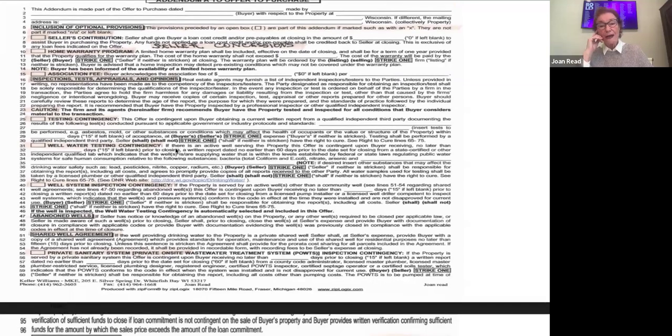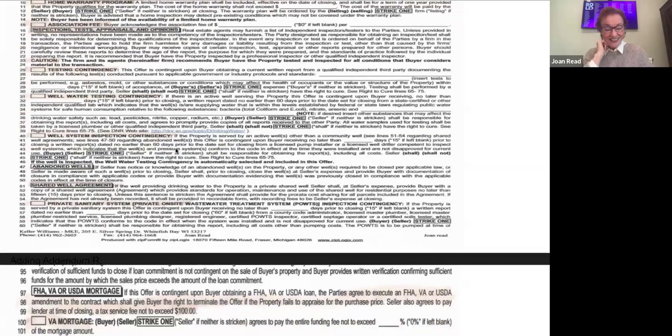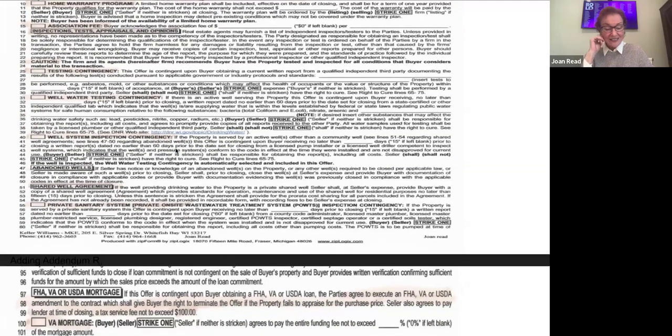So then the next box is inspections, tests, appraisals, and opinions. Now, this is a very important paragraph, and when you're writing up this offer and addendum A, make sure that your buyer is clear about the use of inspections.